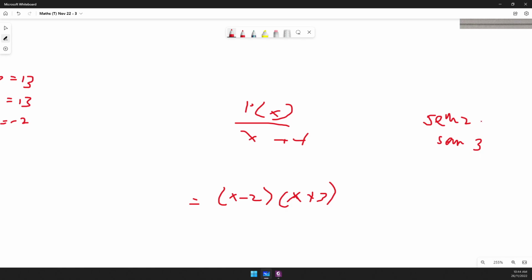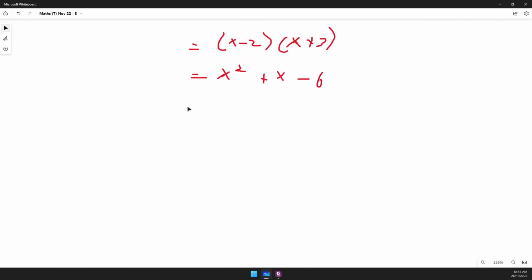They usually won't ask, but it's not wrong because you already learned differentiation and maximum and minimum points in Form 4 and Form 5. But if they mention completing the square, please complete the square. So you get x squared plus x minus 6.